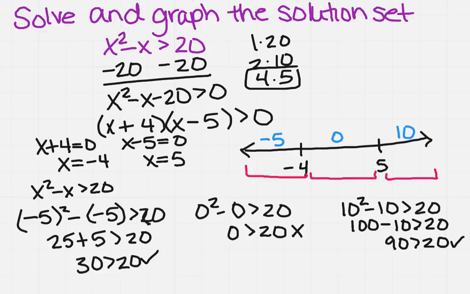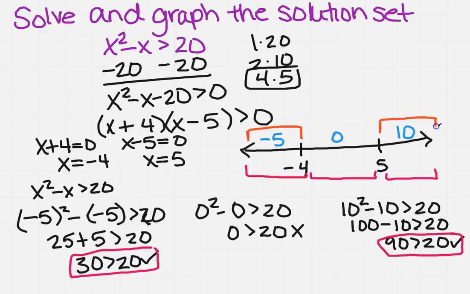Okay, so you've done all that work, and I noticed that when I got all finished, the very first one that I did with you was true and the last one was true. So now, which intervals were those? So I'll make it kind of orange. The ones that were true were where I put negative 5, so this one is true, and then when I put the 10 in, the one on the right. So I need to graph that solution set. So let's go ahead and write what that is.